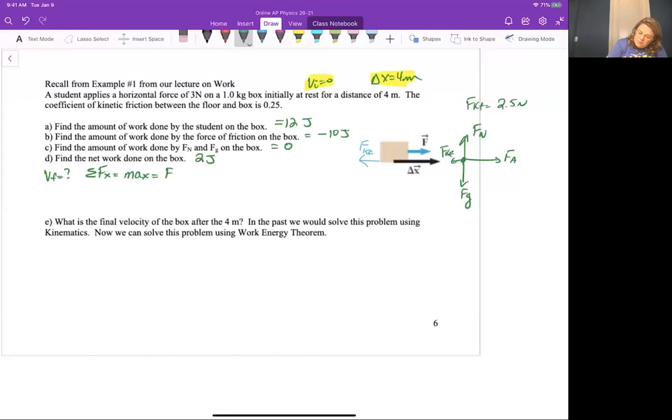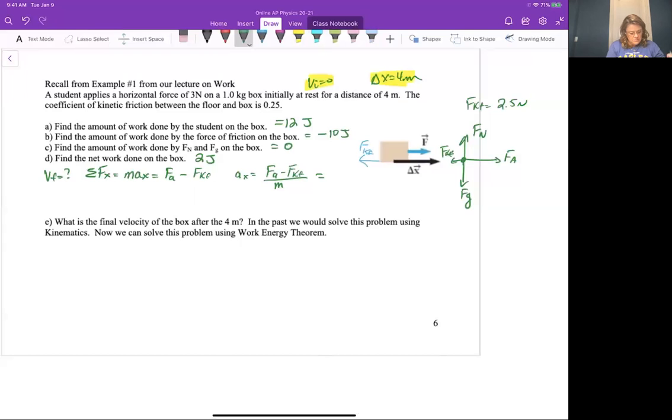I have the force applied by the student minus the force of kinetic friction, and I can solve for acceleration. Acceleration in the x direction is Fa minus force of kinetic friction, divided by the mass, which was 1.